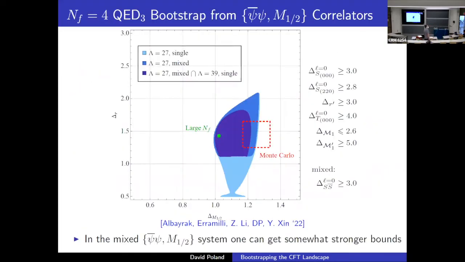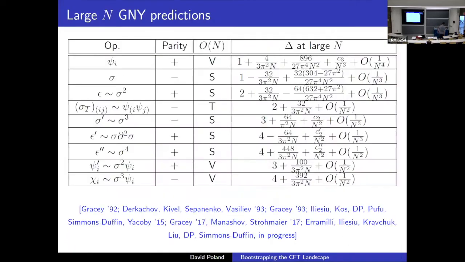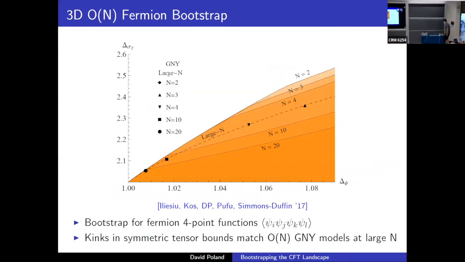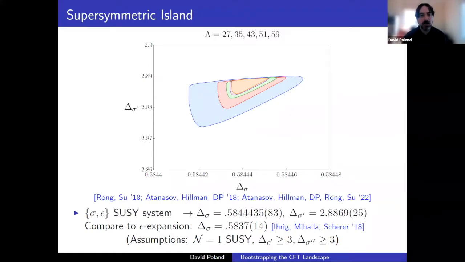Do you regard it as some input to constrain your conformal data, or is it a result we can see from those scaling dimensions? Yeah, you can take both approaches. In these islands that I showed, we used SUSY as an input, and that gives you more powerful constraints in the bootstrap, and you get very high precision determinations of the conformal data.